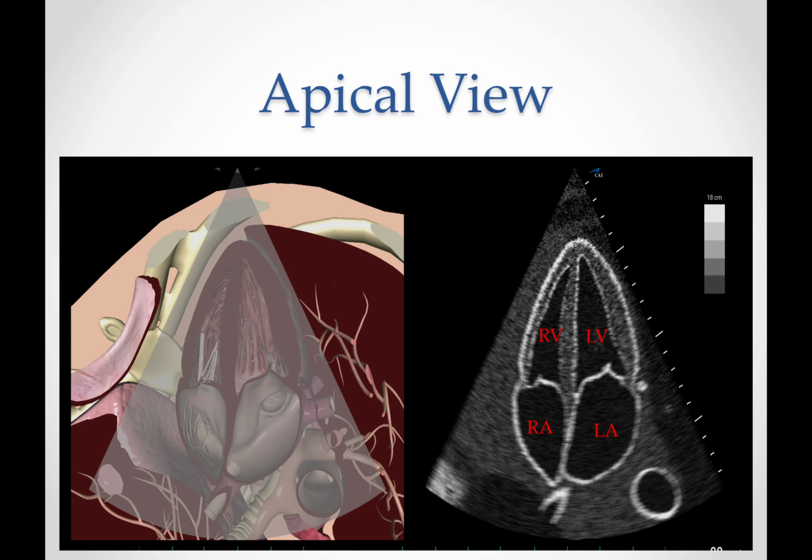To make it easy for you to remember, if the right ventricle is the same size as the left ventricle, you need to think that something is wrong. One of the most common pathologies that we see that can cause right ventricular enlargement is PE or pulmonary embolism.